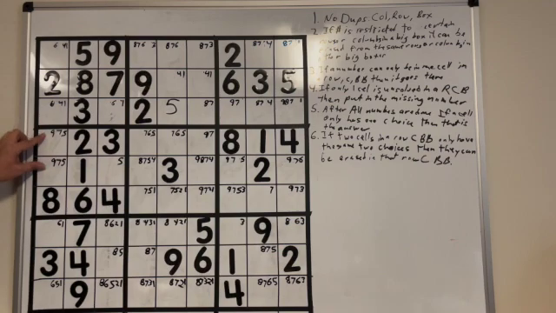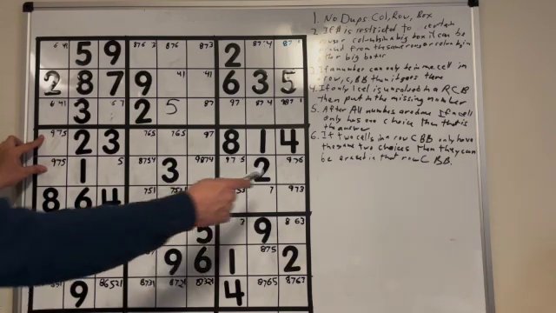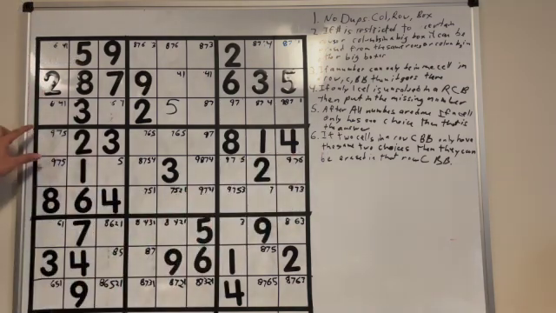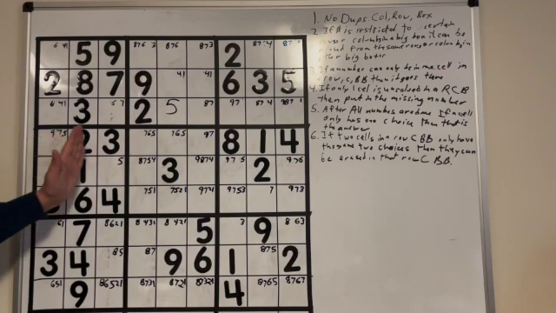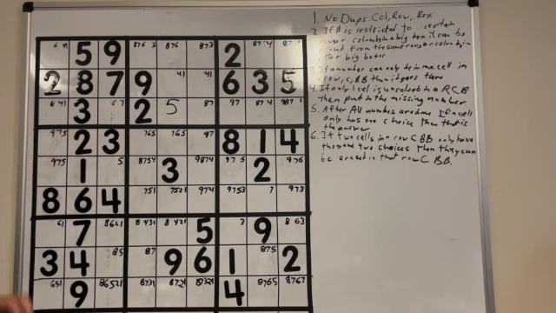We have 2 9s and 2 7s right here, and this is the only place they are. Therefore, this is the opposite of this. Because we have 2 9s and 2 7s in the same cells, and this is the only place they are in this big box, we can get rid of the other numbers that are with them. Okay? We can erase these 5s.